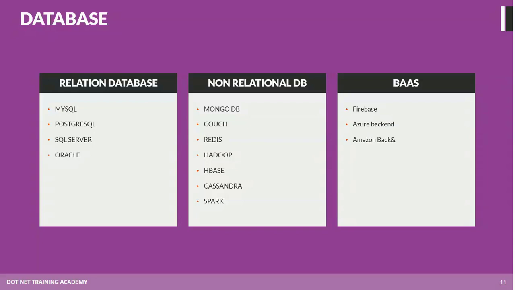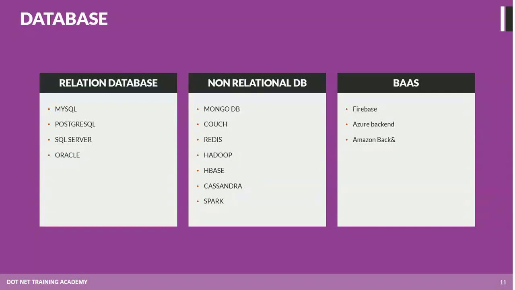Hadoop, HBase, Cassandra, Spark are all big data. These are big lions. If your website or application gets that huge, you really need to switch to big data. And then backend as a service.